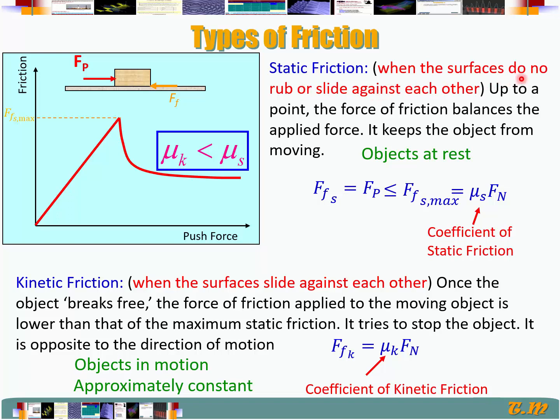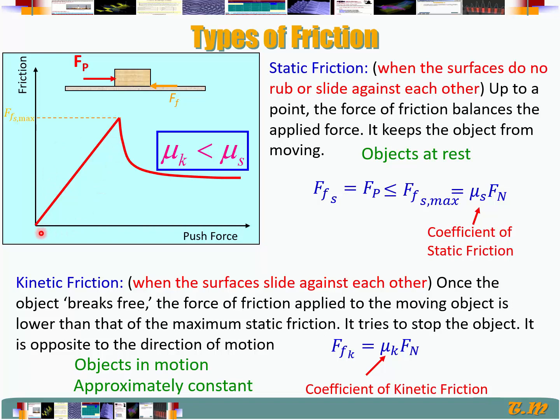So for example, if I have a block here and I start pushing on it, and probably you have seen this already in lab, it does not move, it does not move, and eventually there is a break point where it starts sliding. So we have static friction all this time when it's not moving.